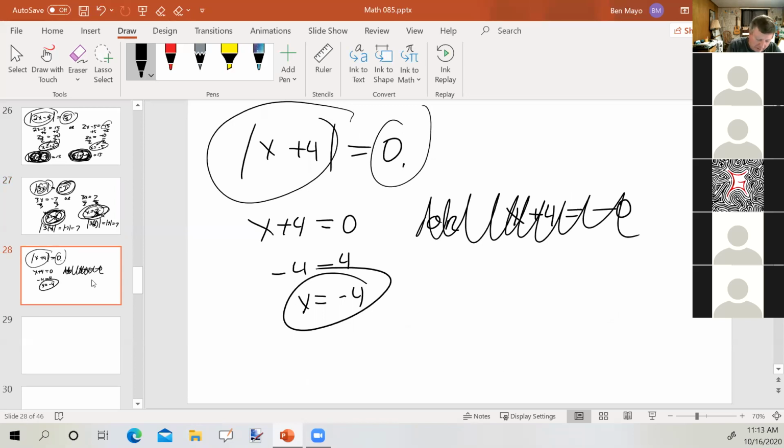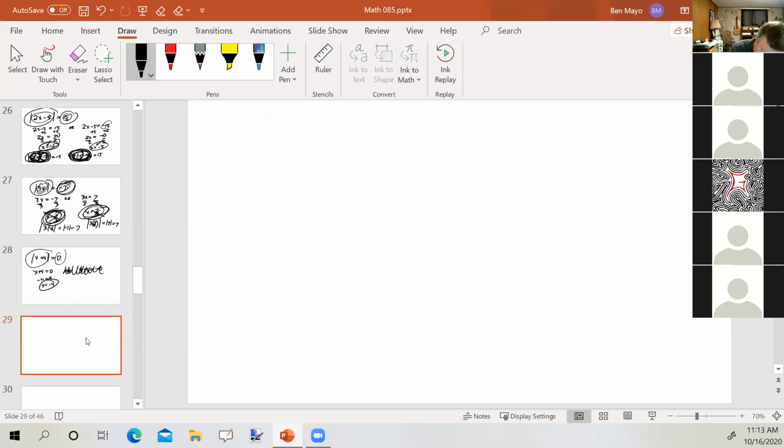Now, what if you've got something like this? 2 times the quantity absolute value of x plus 4 minus 10 equals 40. So you got a whole bunch of stuff going on the left-hand side and just a number on the right.